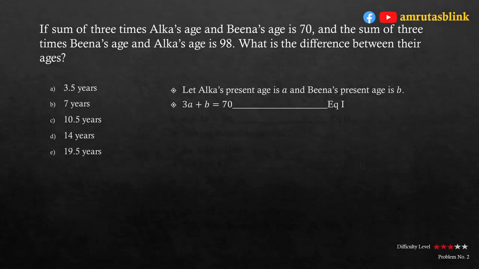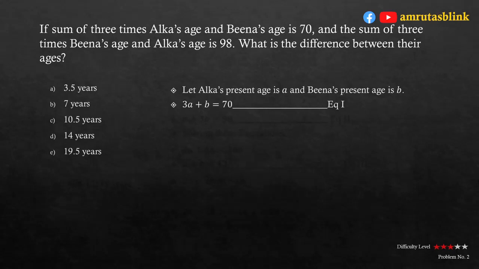Now what is the first sentence? Sum of 3 times of Alka's age. That means if Alka's present age is A, then 3 times of Alka's age would be 3A. So 3 times of Alka's age and Bina's age is 70. Now here you have to understand that we are multiplying only A by 3 and B will be as it is, because 3 times Alka's age and Bina's age is to be taken as it is.